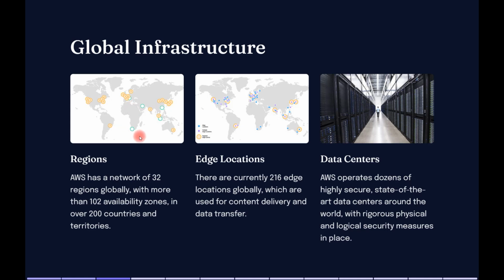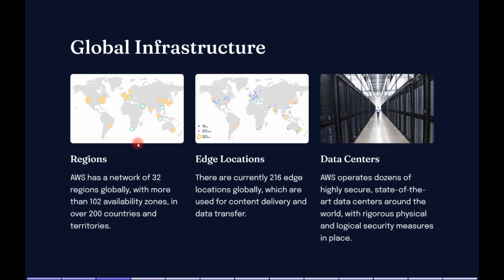If we talk about availability zones, what exactly is an availability zone? Each AWS region is further divided into multiple availability zones. You can treat an availability zone like a data center or cluster of data centers with redundant power, networking, and cooling, everything. That's why it provides high availability and fault tolerance.